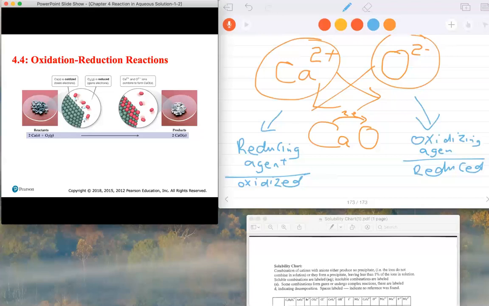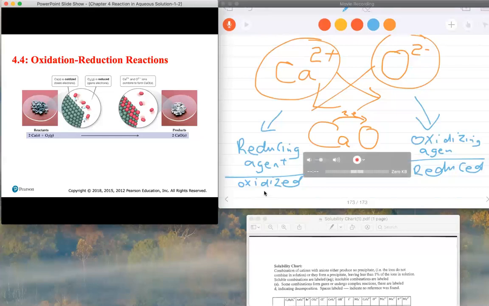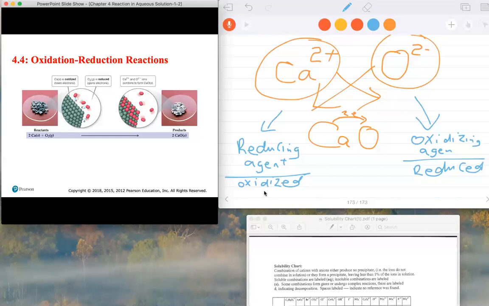Just the way I told you about the travel agent, they make people do travel. Oxidizing agent makes the other species do what? To lose electrons, and it is reduced because reduction is addition. It is being made to lose electrons. We say oxidized. Any question on those 6 terminologies before I move forward?